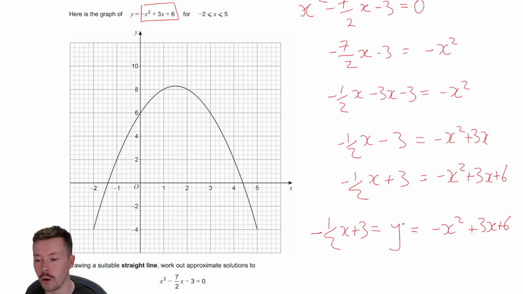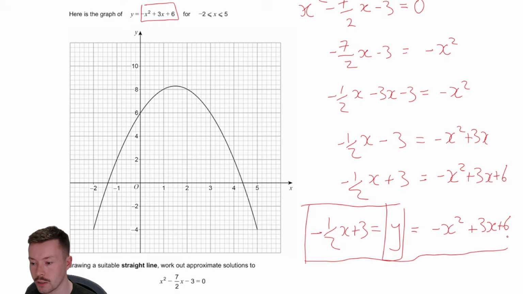Now, if they're both equal to y, I need to plot this. And where that is equal to this on my grid is going to be the solutions. So I'm plotting y equals minus a half x plus 3. It's going to go through 3 on the y-axis, and minus a half x.